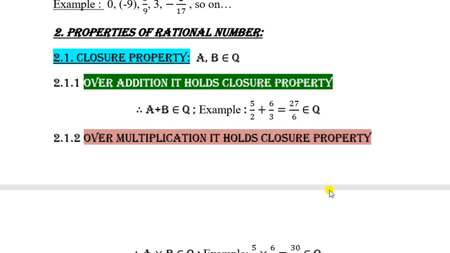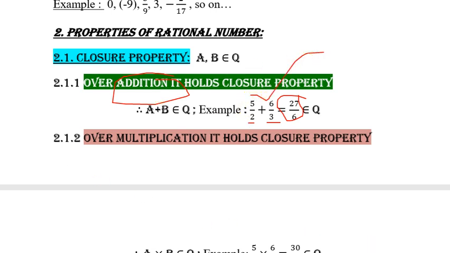Over addition, I have taken two rational numbers, 5 by 2 and 6 by 3, and after addition I got 27 by 6. 27 by 6 is a rational number. That means over addition rational numbers hold closure property.